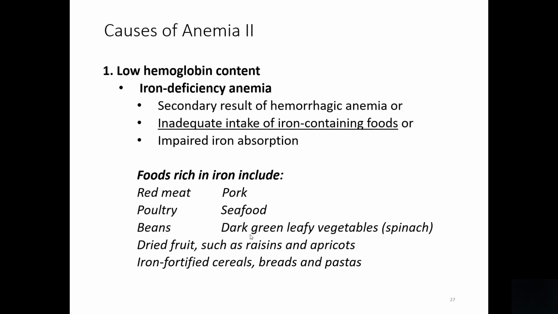It can be a secondary result of bleeding, hemorrhagic anemia, or commonly it can be inadequate intake of iron-containing foods. So deficiency of iron in your food, or impaired iron absorption. It means that the patient eats enough iron-containing foods, but some problem in their stomach, for example, prevents them from absorption of that iron.